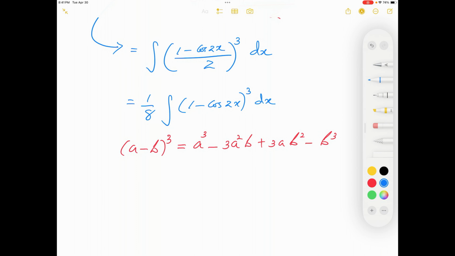We can use that identity and expand 1 minus cosine 2x raised to the 3rd power by taking a equals 1 and b equals cosine 2x.